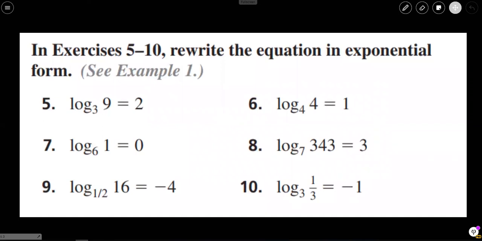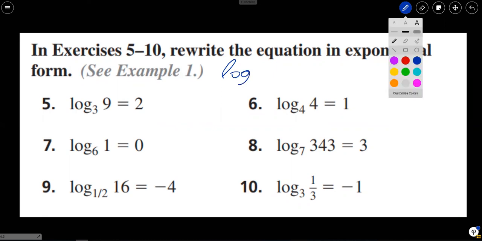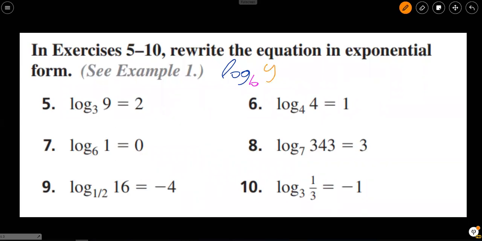So let's get started. If you'll remember from the lecture, logarithms are written as log base some base b of y equals x. Remember, a logarithm is just an operation that asks a question.